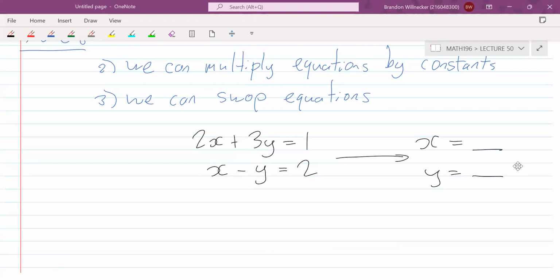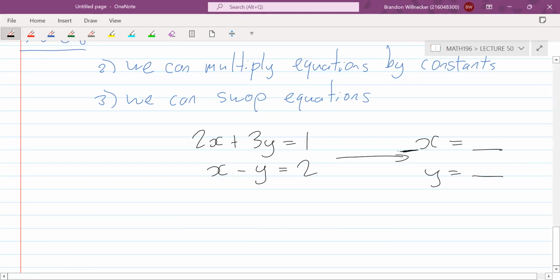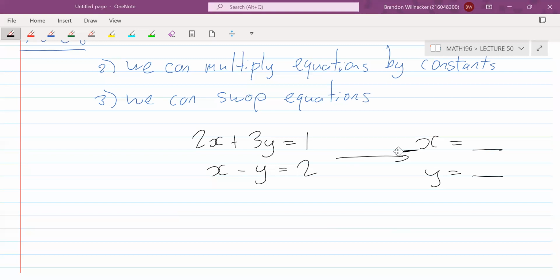Okay, so in the first equation, we have 2x plus 3y equals 1. In the second equation, we've got x minus y equals 2. What we really want is the first equation to be something like x equals our answer for x. And the second equation, we want y equals, and then our answer for y. In other words, the coefficient of x here should be 1. Currently, the coefficient here is 2.